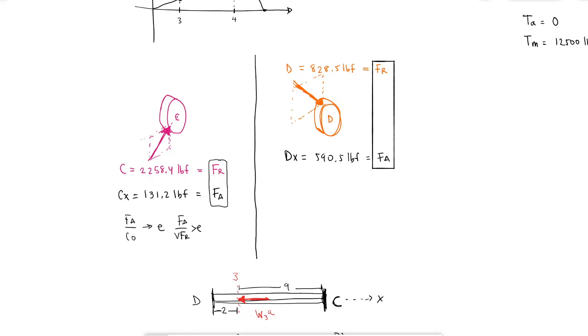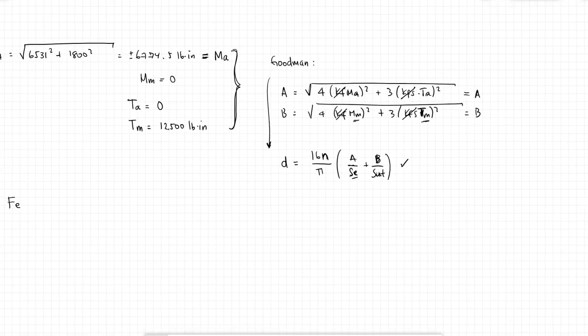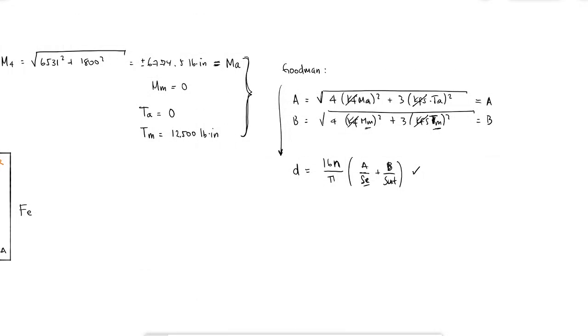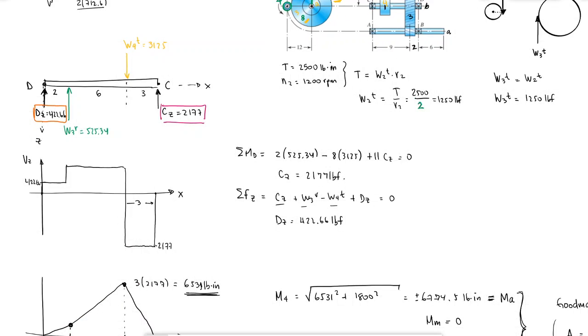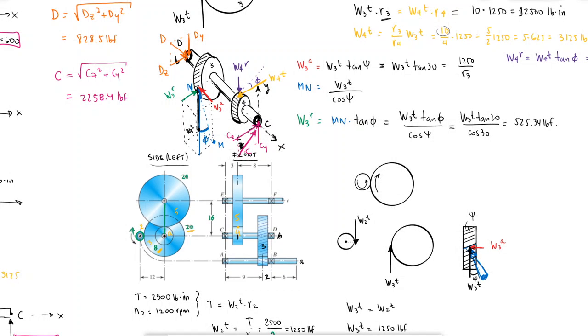And then you're done, because we already know what kind of bearing C should be when we get this equivalent force, and what bearing D I should select when I get the equivalent force for that one, and I know what the diameter of the shaft should be. I already solved everything that we needed for shaft B and bearings C and D.